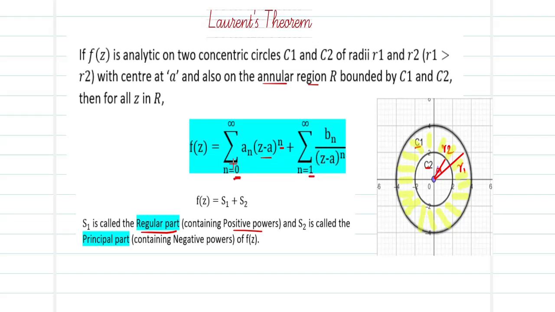So we include the constant as n equal to 0, starting with the positive terms, and the negative terms begin with n equal to 1 to infinity, bn, where the denominator contains (z minus a) the whole power n. This generates the negative powers of the function, and this is referred to as the principal part. So keep in mind, the regular part contains positive powers of f of z, and the principal part contains the negative powers of f of z.